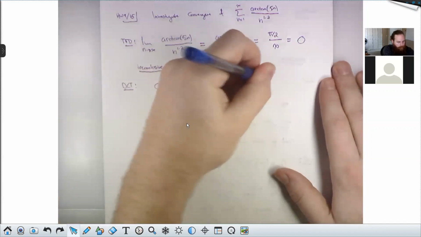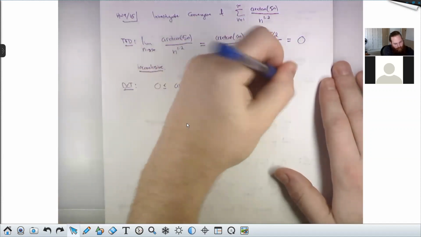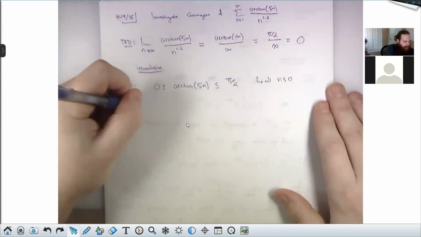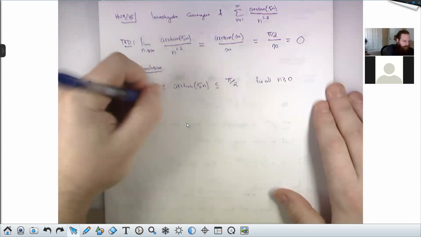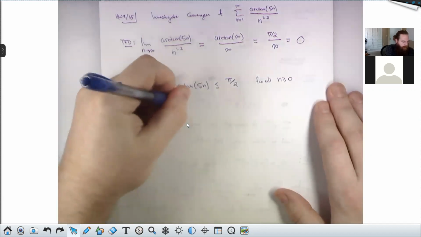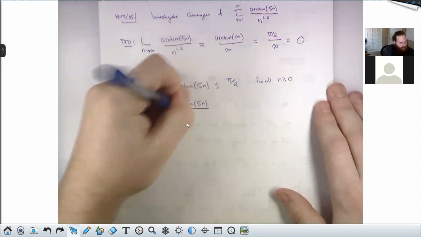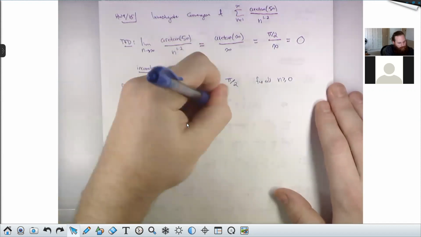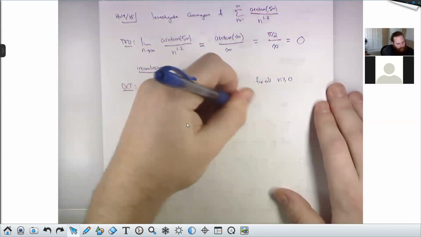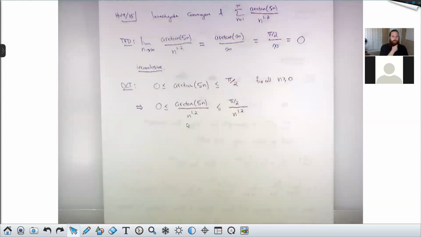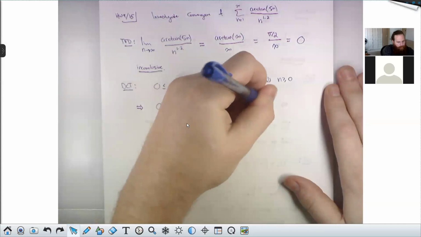So for all n greater than or equal to 0, this implies that 0 is less than or equal to arctan 5n over n to the 1.2, which is less than or equal to pi over 2 divided by n to the 1.2. I'll call this inequality star.